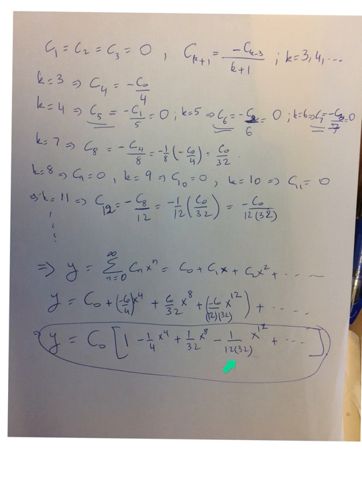So this is our solution in terms of the power series. This is c0 and this is your y1. Actually, this is an exponential form of the solution, so we can just leave our solution like this.